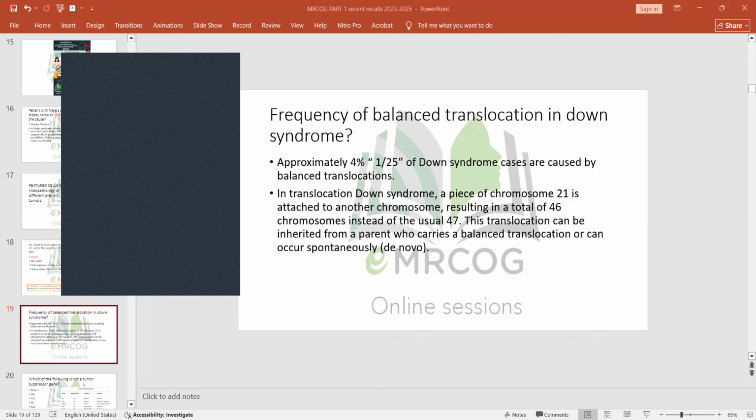So the incidence of, sorry, not dislocation, why am I thinking about dislocation here? Balanced translocation. No one?